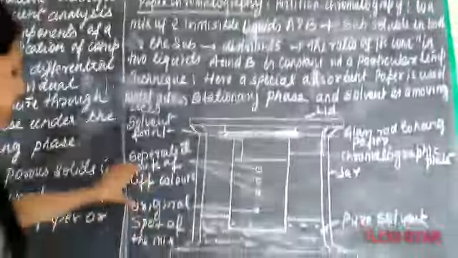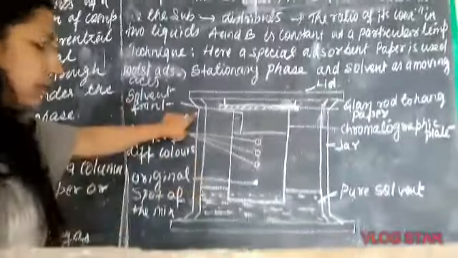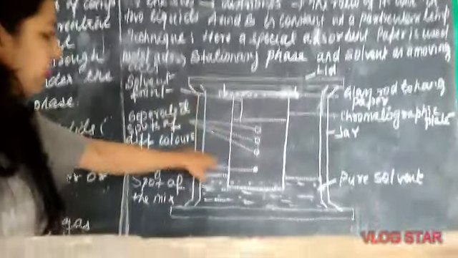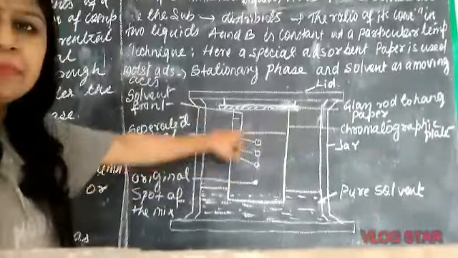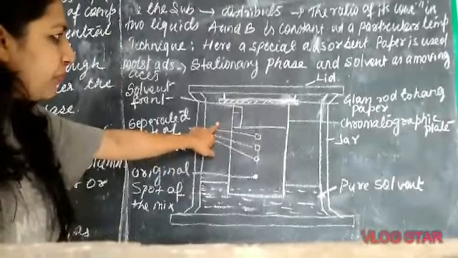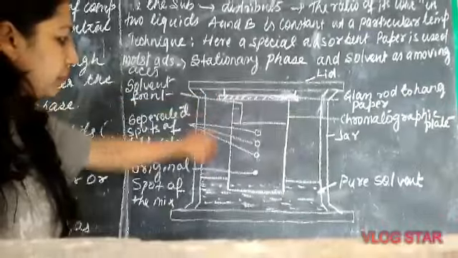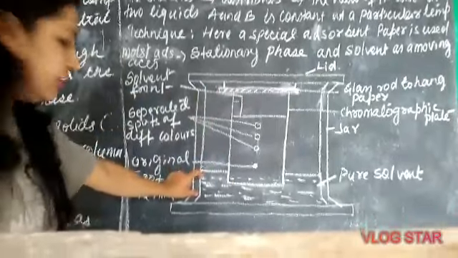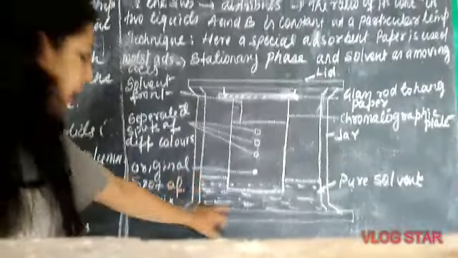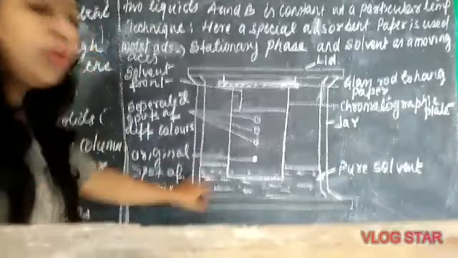You can see here the diagram of our setup. This is your glass jar. Here, this is the chromatographic plate or paper. This is a glass rod to hang the paper. Pure solvent is filled till here. This is your original spot of the mixture.